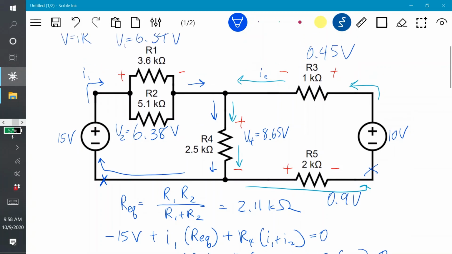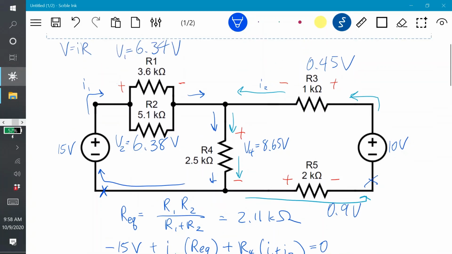Alright, let's see if this all makes sense. So let's do KVL. The sum of the voltages across these resistors should be the same as the power supply. So let's do 0.9 plus 0.45 plus 8.65. It's exact. So this is exactly 10. These all added up. Let's do the left side to verify.